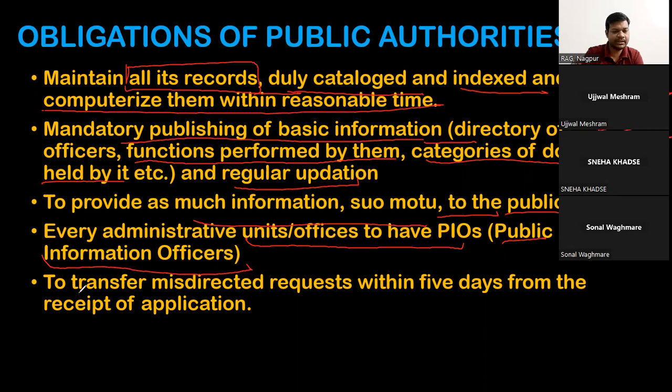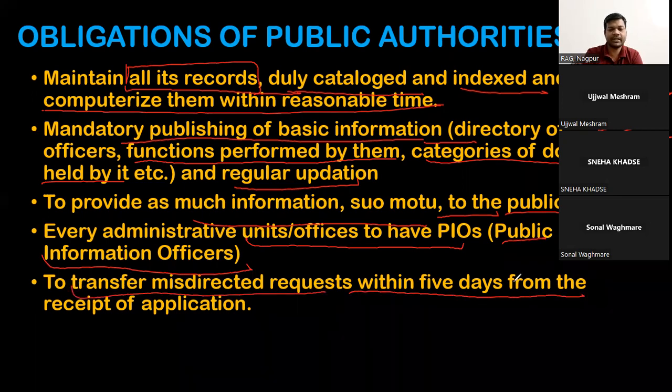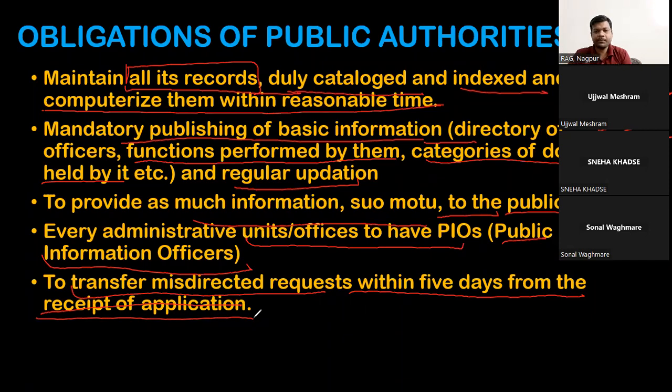respective ministry. Right. The PIO must transfer misdirected requests within 5 days from the receipt of the application. If I have filed an RTI today, and I wanted to go for the Department of Personnel and Training, but instead I filed that application to the Ministry of Social Justice, because I did not know where to file the RTI, so I have misdirected this.